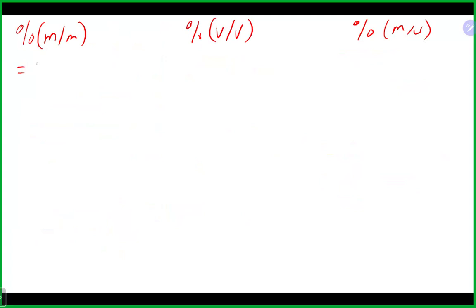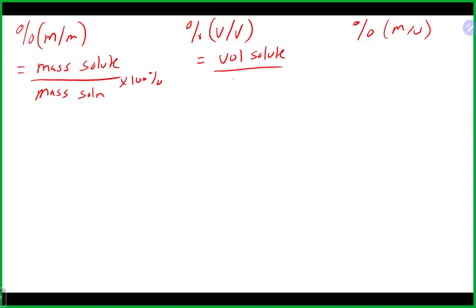The percent mass to mass is the mass of the solute over the mass of the solution times 100%. The volume to volume is the volume of solute over the volume of solution times 100%. And lastly, our mass to volume is the mass of the solute over the volume of solution times 100%.